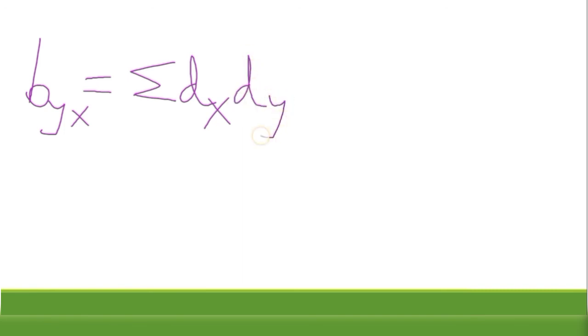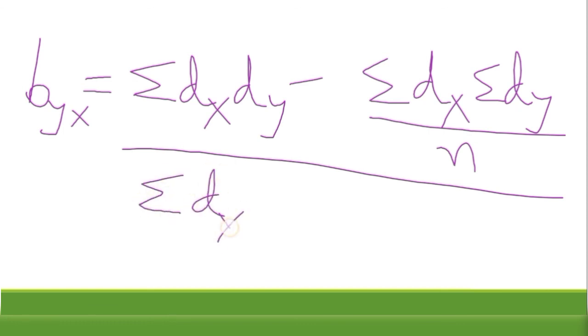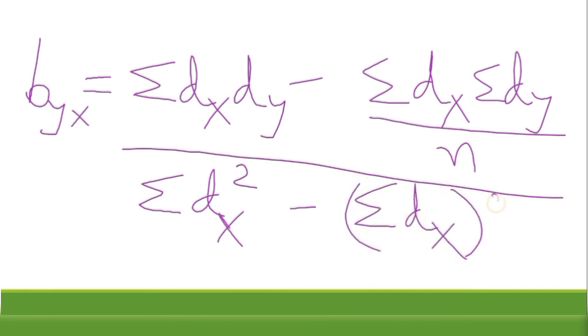So here, byx is equal to sigma dx dy minus sigma dx into sigma dy upon n, whole divided by sigma dx square minus sigma dx whole square upon n. Just put the values.